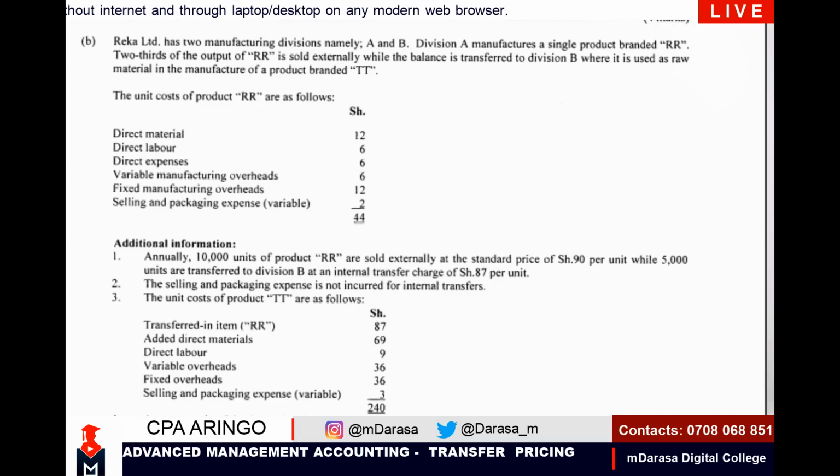The unit costs of product RR are as follows. I'm given direct material, direct labor, direct expenses, variable manufacturing overhead, fixed manufacturing overhead, and selling and packaging expense, which is a variable cost.